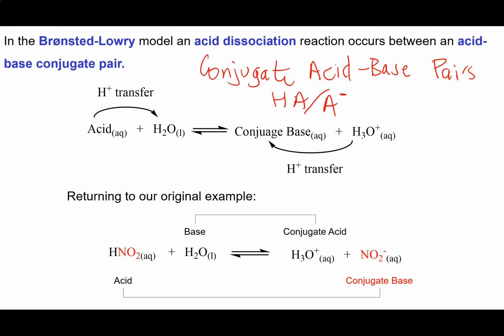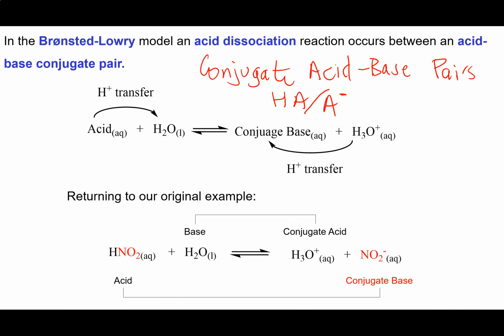Okay, so our acid transfers a proton, forms a base, and the hydronium ion. That's the forward reaction. In the reverse reaction, our hydronium ion transfers a proton, it's the proton donor, to our conjugate base. That's the base, and that forms our acid and water.